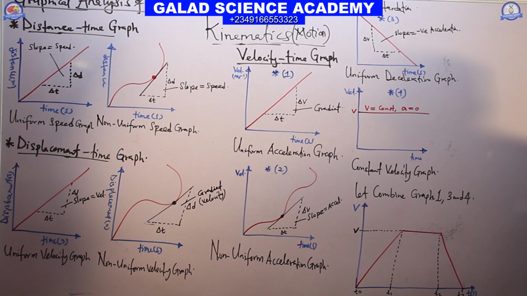The next graph now: a vertical axis like this, and we plot velocity against time.